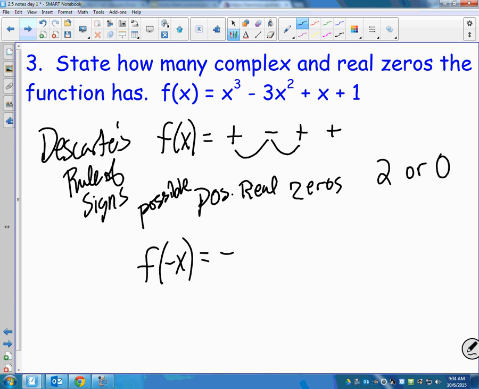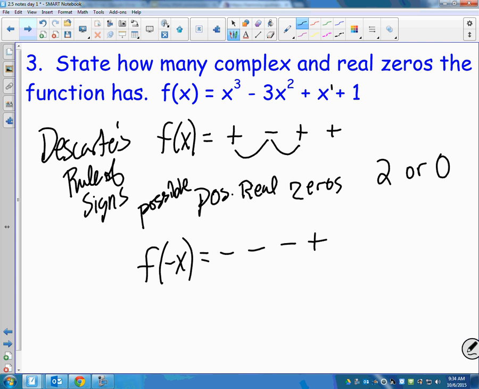So I always remember odd exponents are going to change signs, even exponents are going to stay the same. So 3x squared, if I plug the negative in there, nothing's going to change, so it's going to stay negative. What about x? Is it going to stay positive or is it going to change? Yeah, because that's a 1. If you plug a negative into an odd exponent, it's going to change to negative. The constant can't change. It's a constant. So that would say 1.